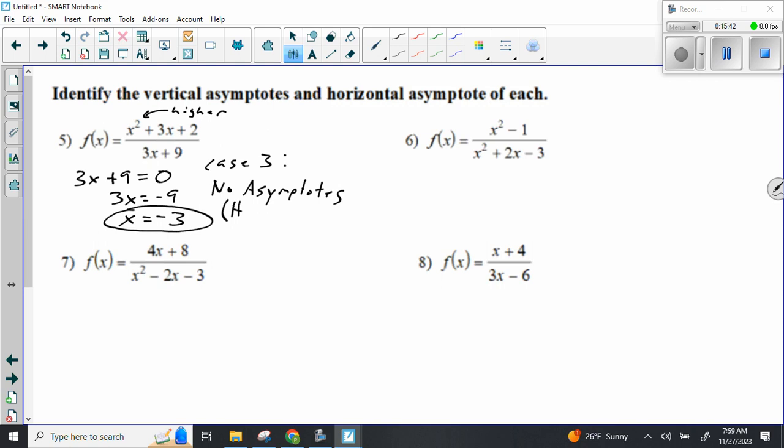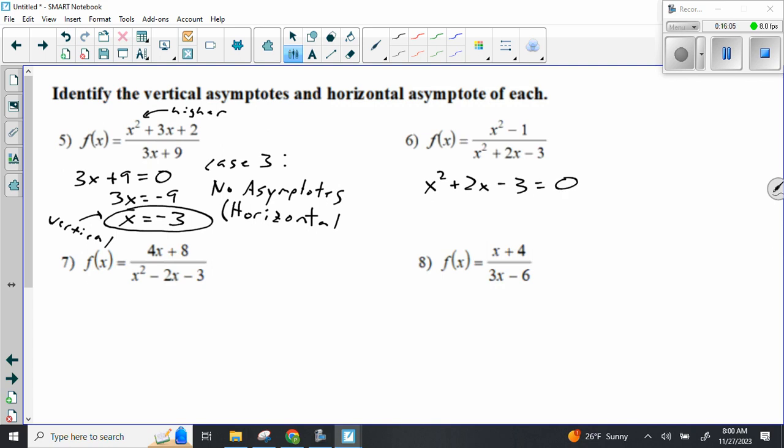We're talking about horizontal. This one was vertical. All right, over here. If we want to figure out what our vertical asymptote is, I've got to solve that.